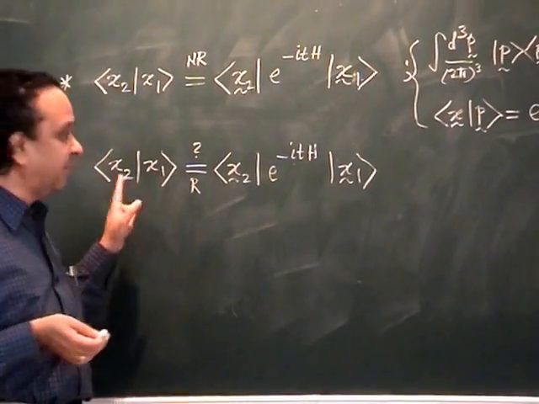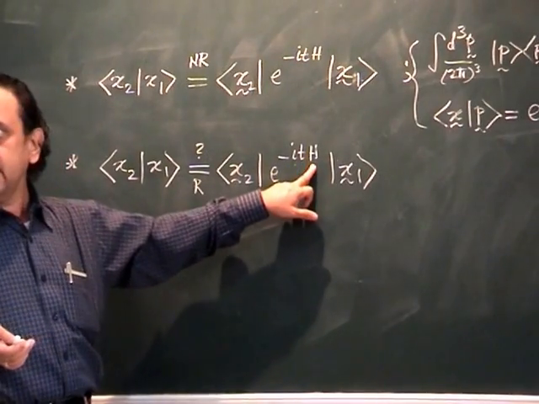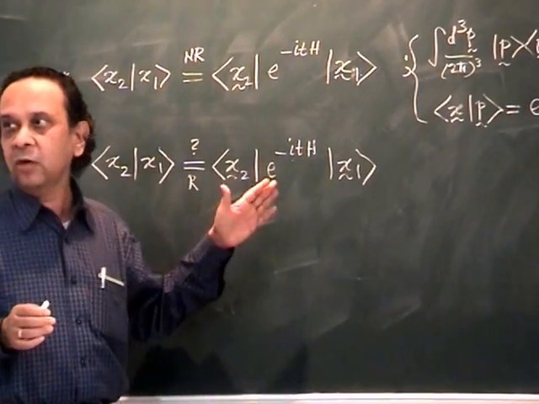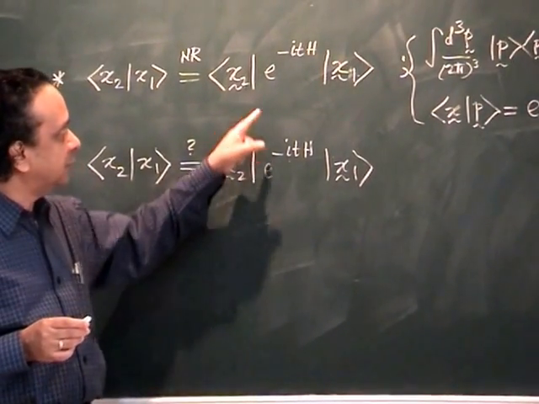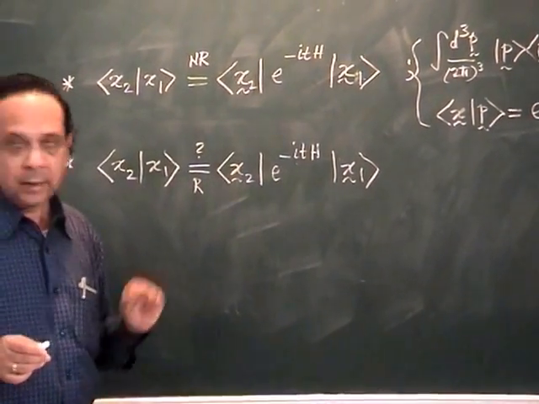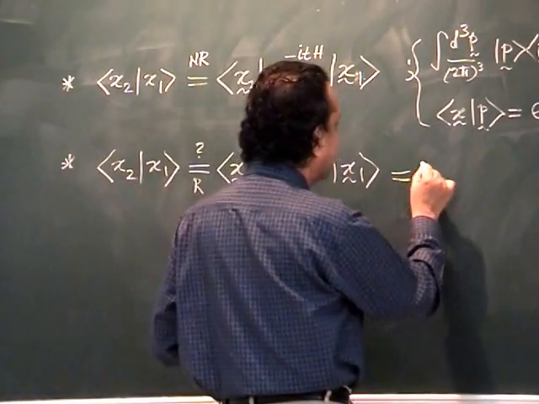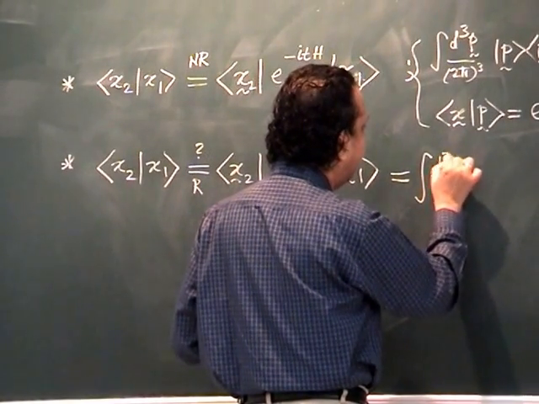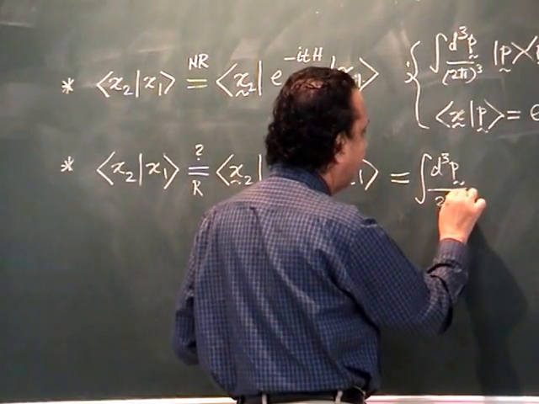We know what the left hand side is. If we can write this for any operator H, then we are through. But what will happen is that it will not work, it will conflict with Lorentz invariance. Let us try to go through the same steps. We introduce the set of complete momentum eigenstates, and I want to write an integral over d³p over (2π)³.